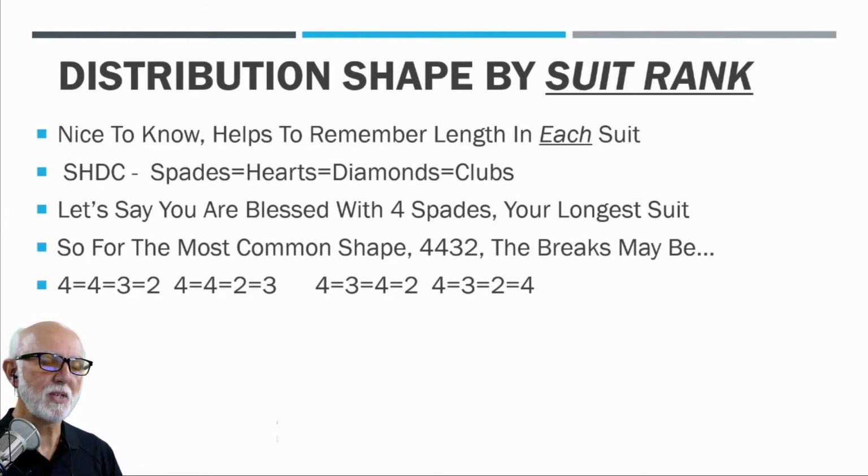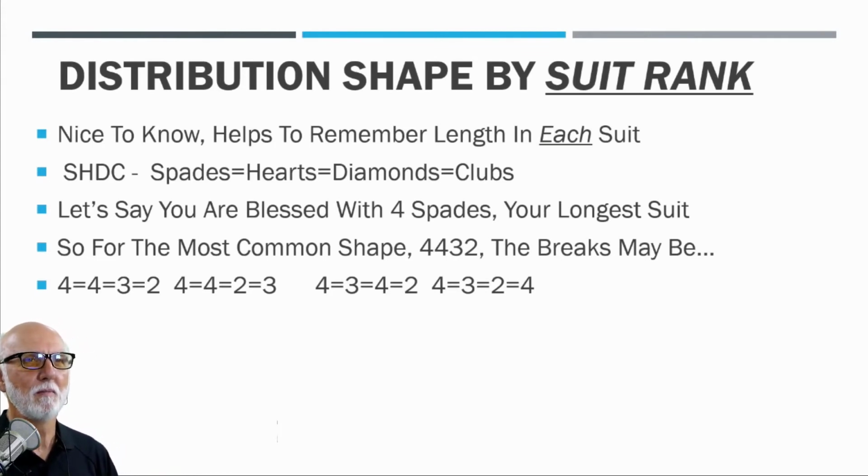Okay, so sometimes it's nice to be thinking about not just that it's a 4-4-3-2, but at least in your mind, okay, I can't remember this last one, 4-3-2-4, but I can remember 4-4 in the black. Or maybe the second one, 4-4 in the majors. Okay, I can remember that one.